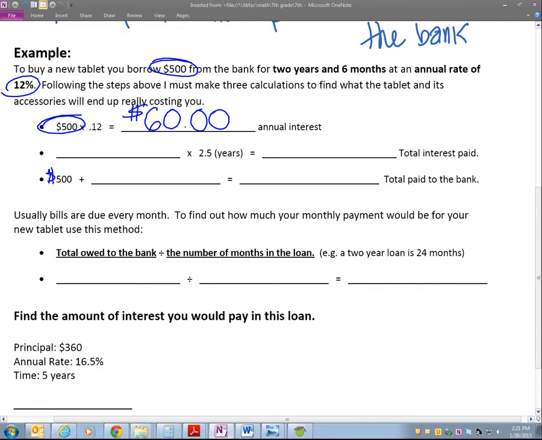JD? $60 for 2.5 years. But this says annual. Annual, remember, means just 1 year. Yeah, $60 times 2.5. There you go. Now you're with me. $60 times 2.5, which is going to be $150.